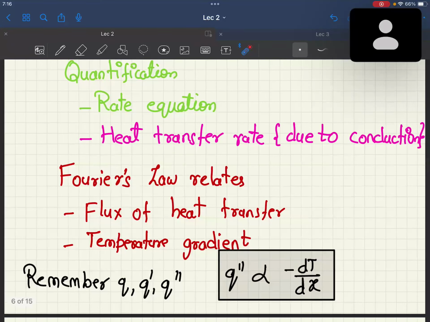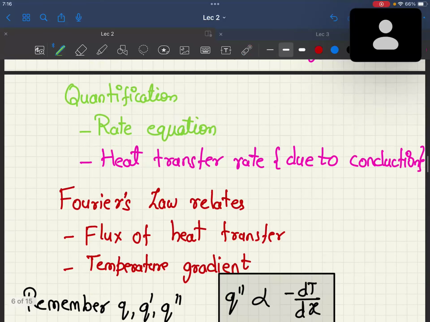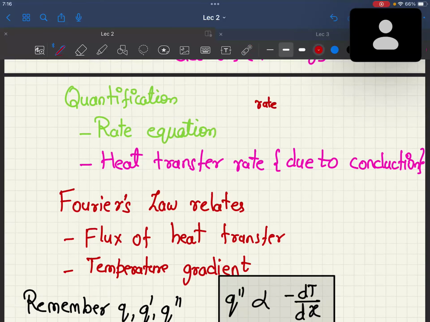So we need an expression like rate is going to be a function of driving force, and it's also going to be dependent on resistance, right?